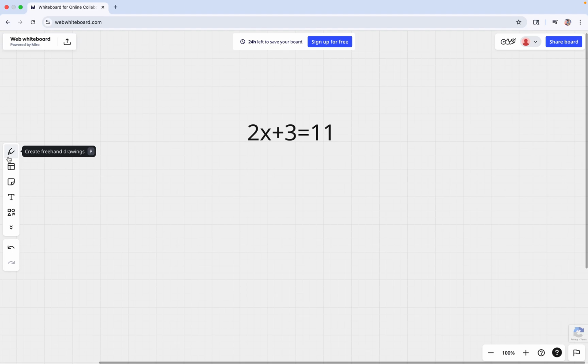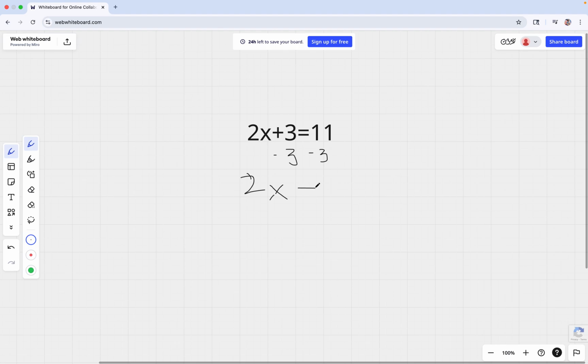So as we did last time, since we don't have any x on this side and we only have 11 on this side, the only thing we can do right now is minus 3 from 11 to simplify it. So of course we will minus 3, and then minus 3 from this side too. So then we will get 2x, because we minus 3 from 2x plus 3, that will be 2x.